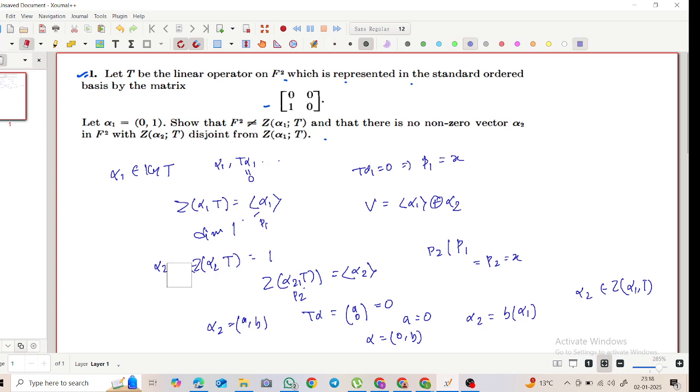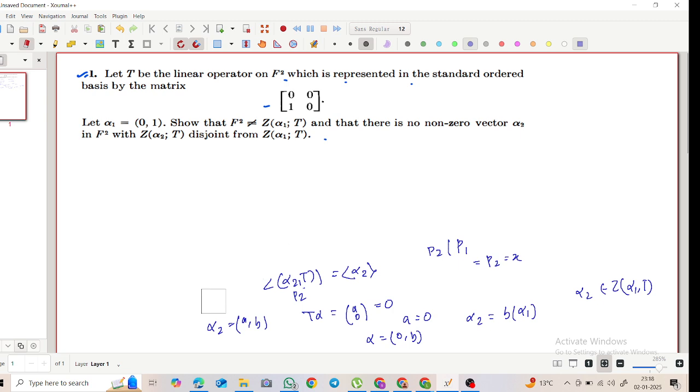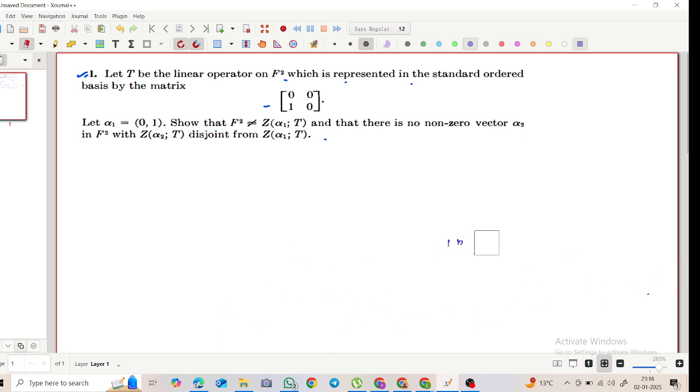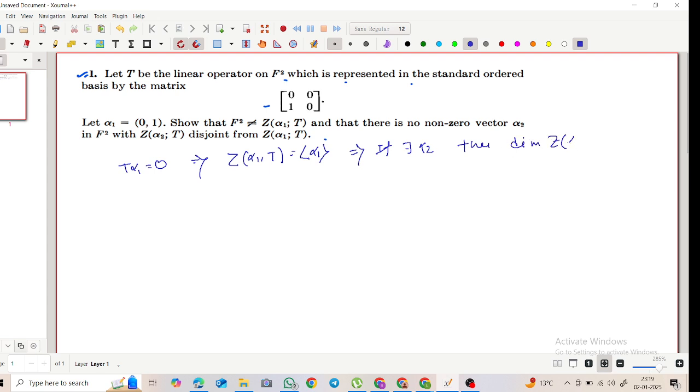Okay, so let's write the solution a bit carefully. T alpha 1 is 0, which implies that if there exists alpha 2, then the dimension of z alpha 2 t is 1, which implies z alpha 2 t is generated by alpha 2.